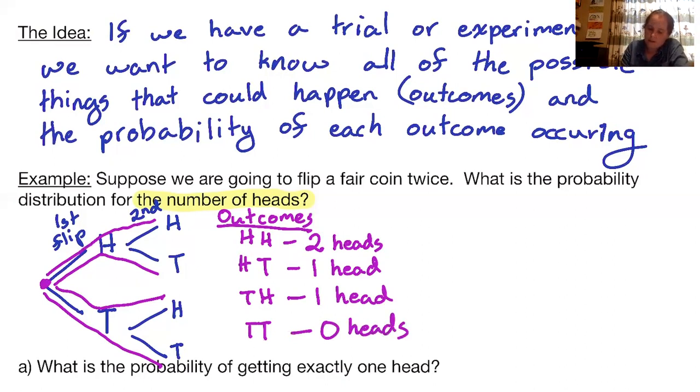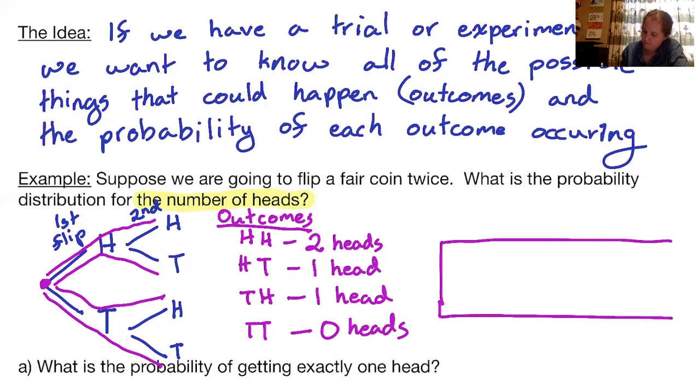So we can then make a little table. We have the number of heads and the probability.